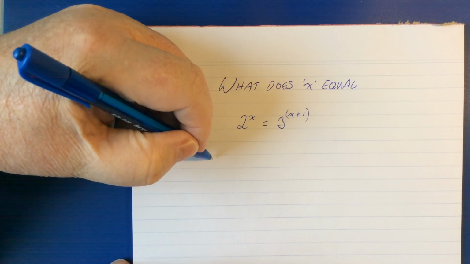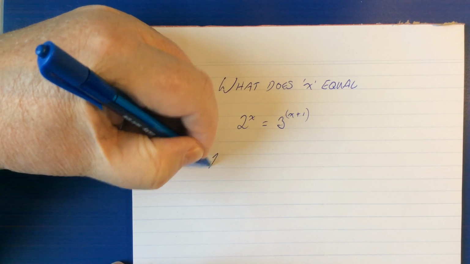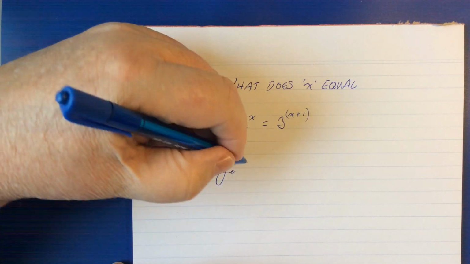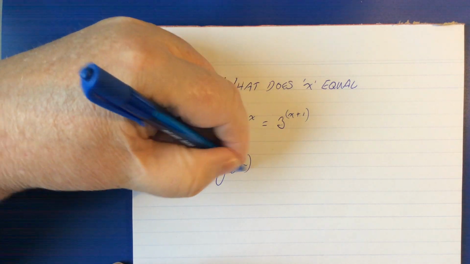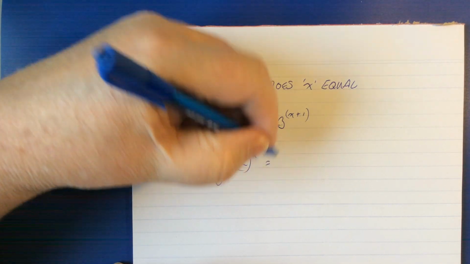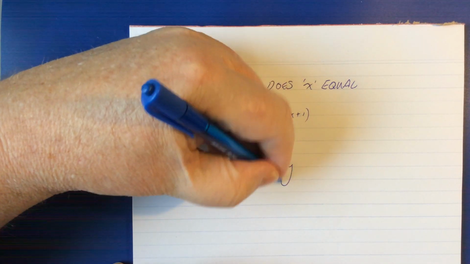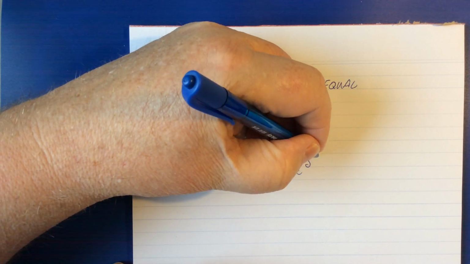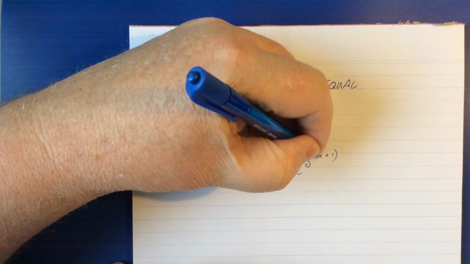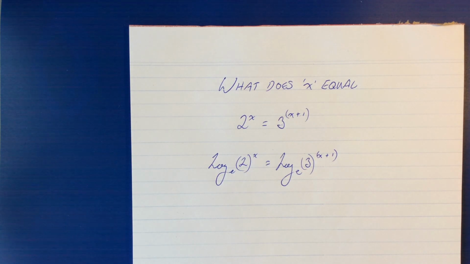So what I'm going to do is take the log of each side of these. I'm going to use log e of 2 to the x, and I'm going to make that equal log e of 3 to the x plus 1. Now, the secret, if there is such a thing, of dealing with logarithms mostly revolves around being able to rewrite them in a form that makes it possible to solve them.